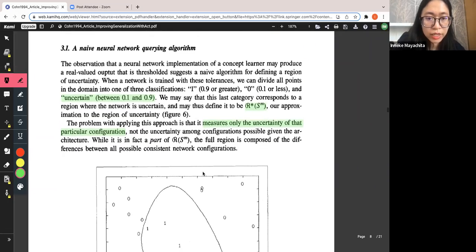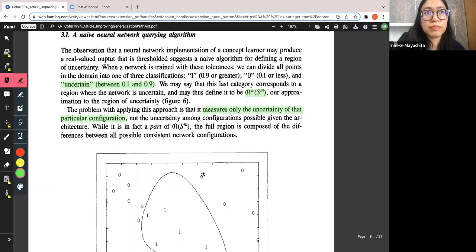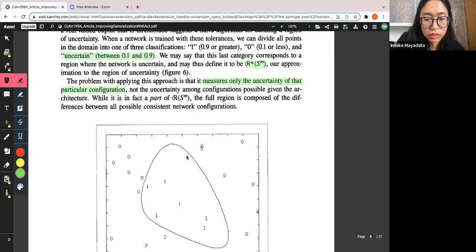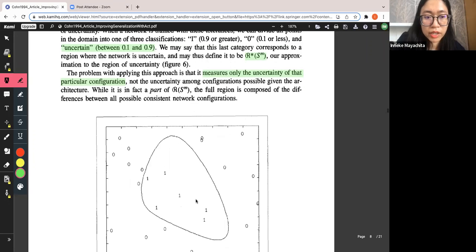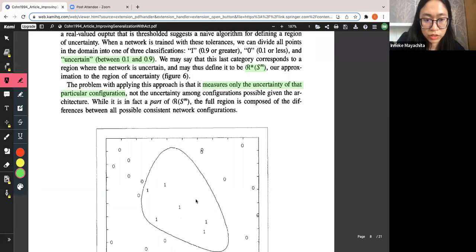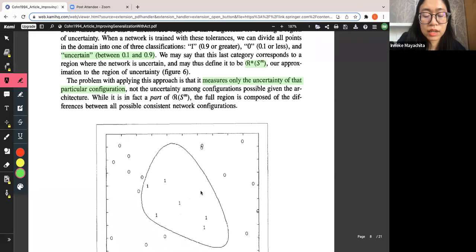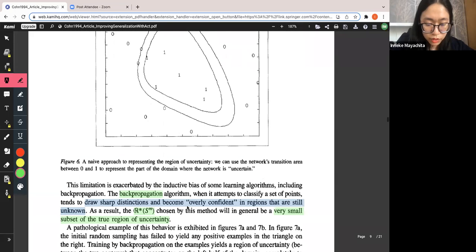Imagine, because one configuration represents one concept, this bounded area, this concept, can only measure one configuration. But actually we want to measure the uncertainty for all of the concepts, like for example here.